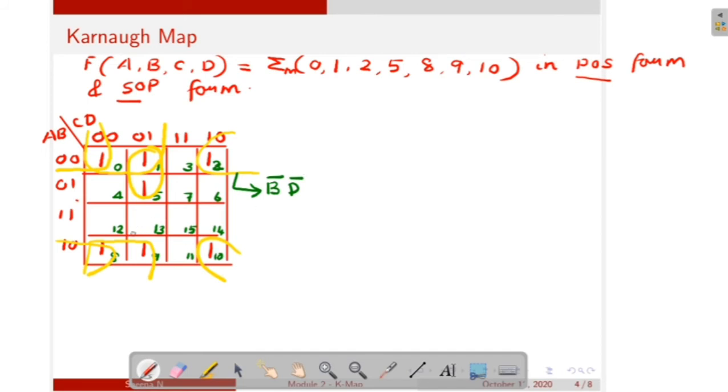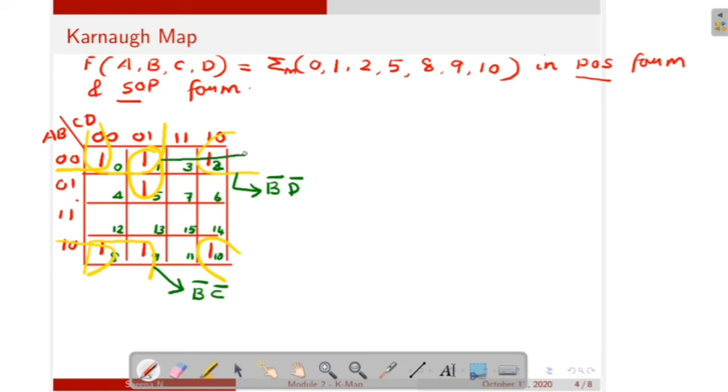Okay, then for this quad 1, 0, 0, 0, that means B bar, then here 0, 0, 0, 1, that is C bar, D is cancelled, C bar.